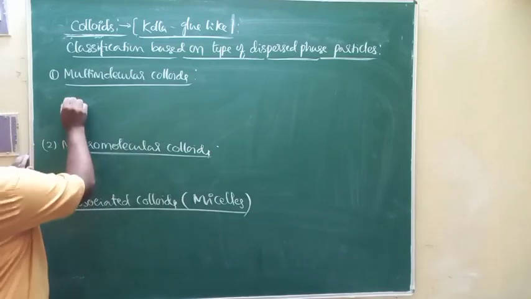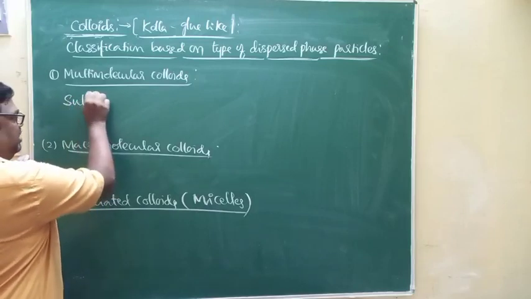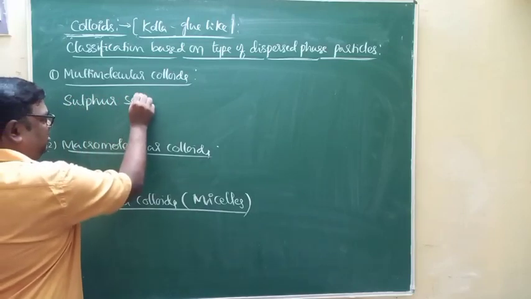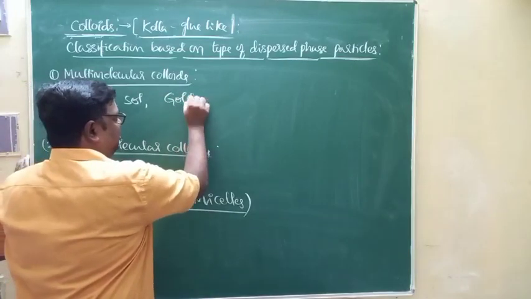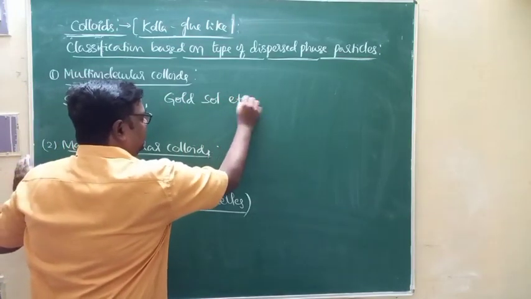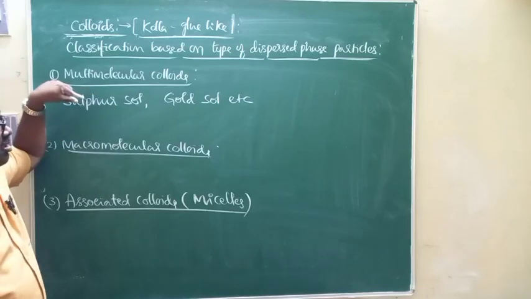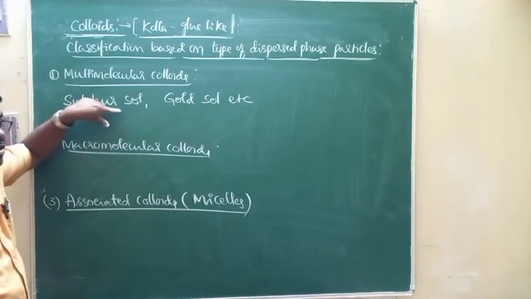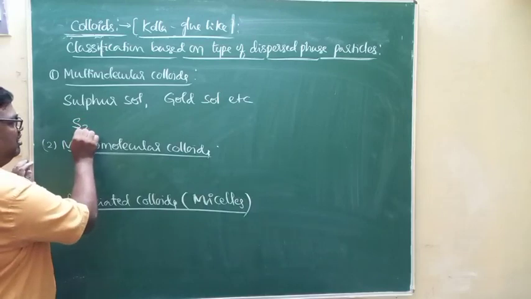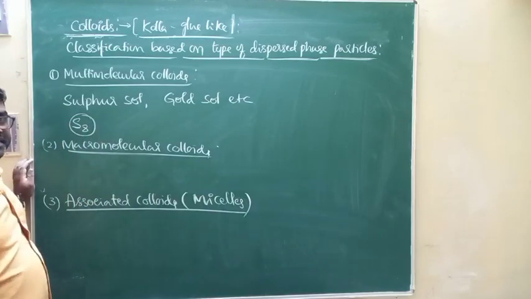Examples of multimolecular colloids are sulfur sol and of course gold sol. These are the best examples. In the case of sulfur sol, colloidal sulfur particles are produced by the aggregation of a large number of S8 molecules.